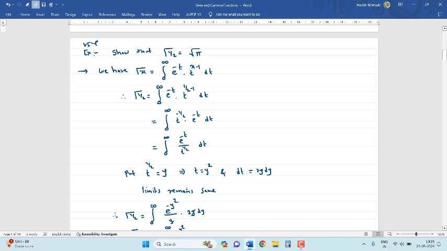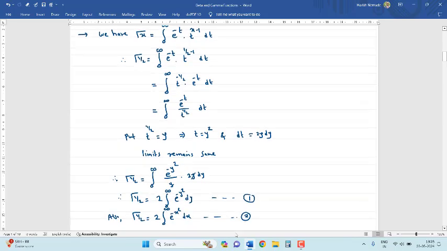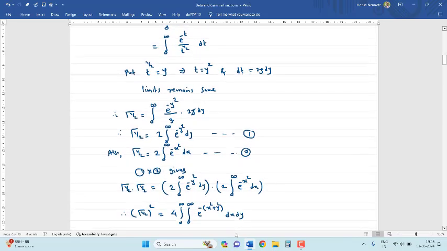So here we use substitution, that is we put here t raised to half is equal to y. So from that we have t is equal to y square, so dt is equal to 2y dy. So limits of integration remain the same here. So therefore gamma 1 half becomes integration from 0 to infinity e raised to minus y square upon y into 2y dy.